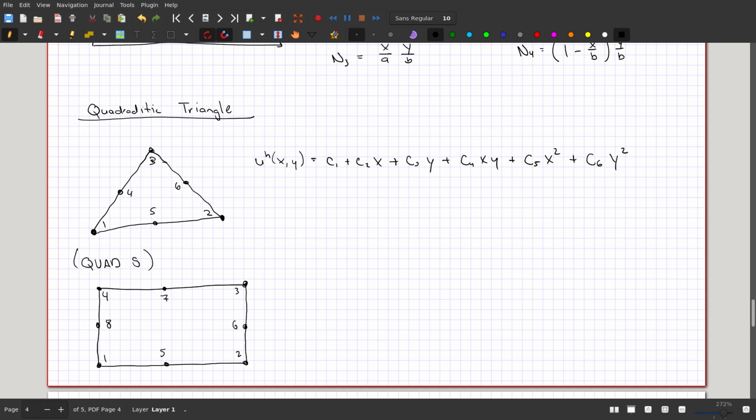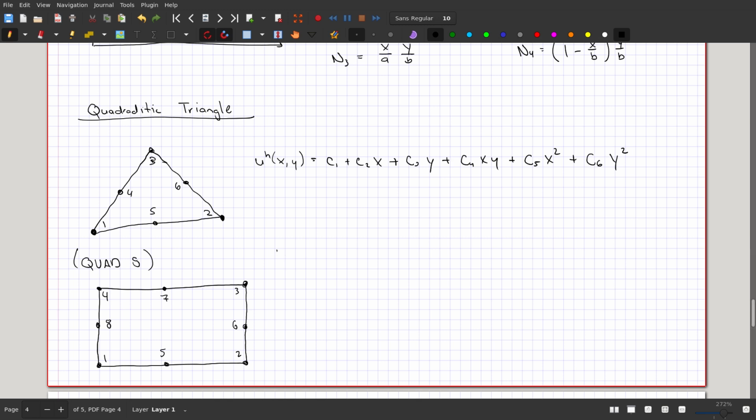And notice how they're labeled corner nodes first, so that the node numbering corresponds to the quad 4 where the corner nodes are, right? And then as we add new nodes, we label them.